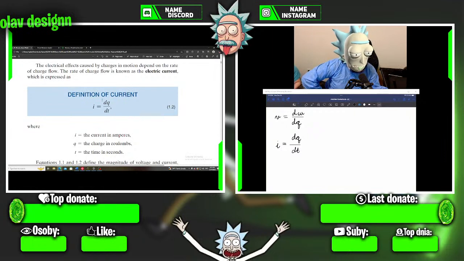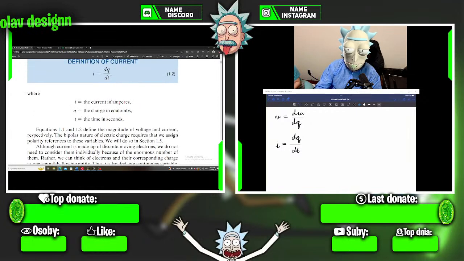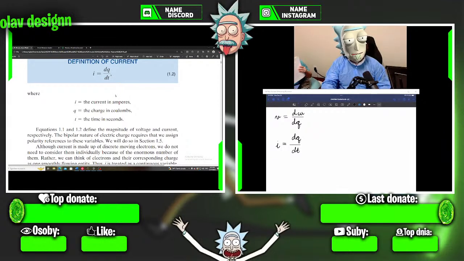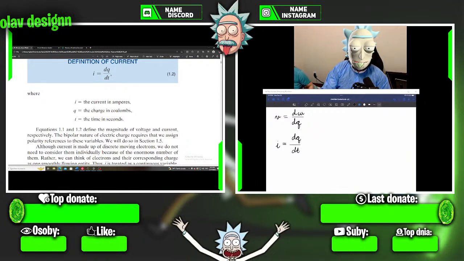That's the derivative of the charge with respect to time. You guys got that one? Making sense? Don't overthink this stuff. It's just a change of charge with a change of time, dQ over dt. It's a derivative, a very simple derivative.